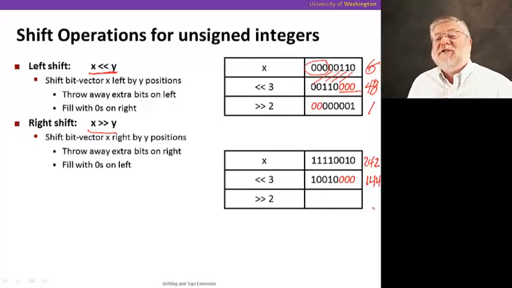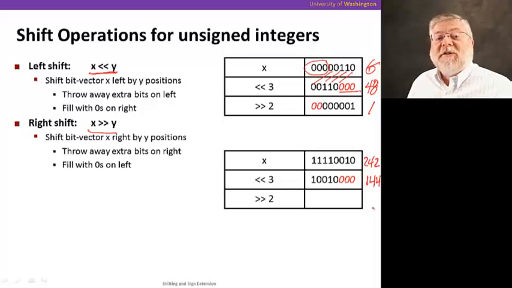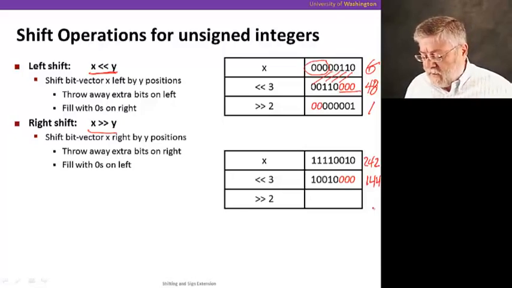That's a much larger number, and way larger than the 255, which is our maximum value for an 8-bit unsigned integer. So we have an overflow here, and we're going to get a value that doesn't really make any sense. So when we're thinking about doing multiplications using shifts, we better check the number before we shift it to make sure that the result will in fact fit in the 8 bits that we have, or whatever number of bit word we have.